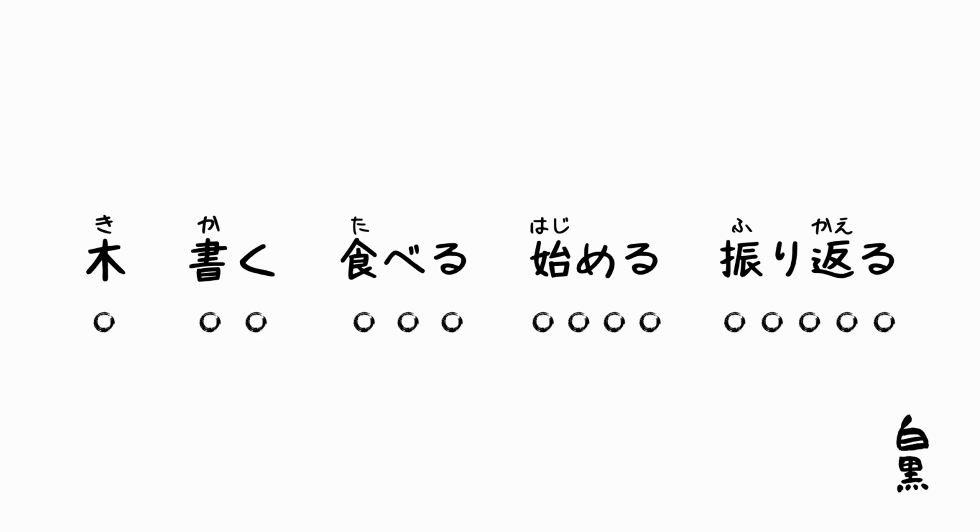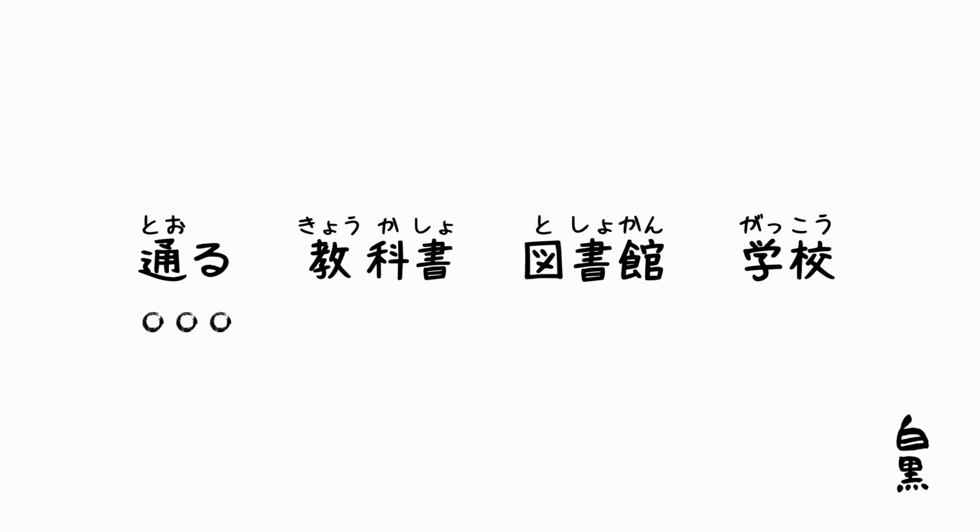Simple, right? But sometimes it might not be so obvious. For example, toru has 3 moras, but it sounds like 2 syllables. Kyokasho has 4 moras, but it sounds like 3 syllables. The same goes for toshokan.